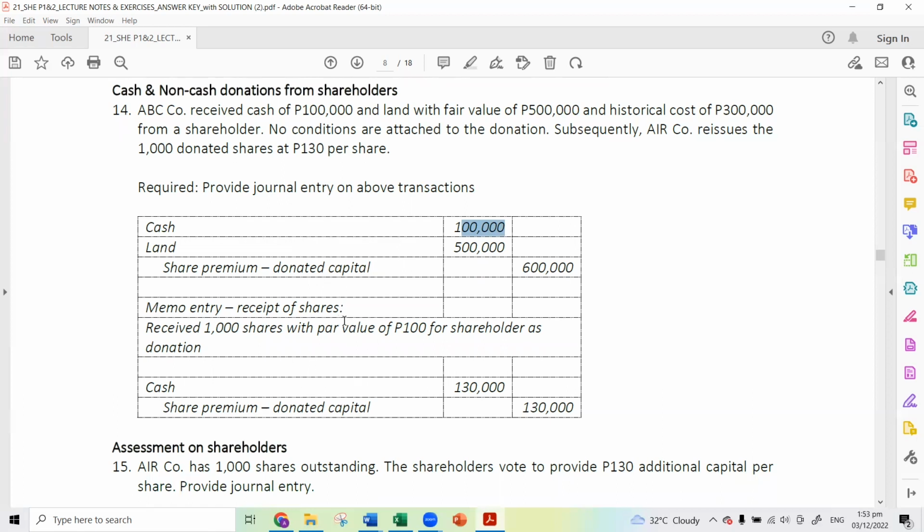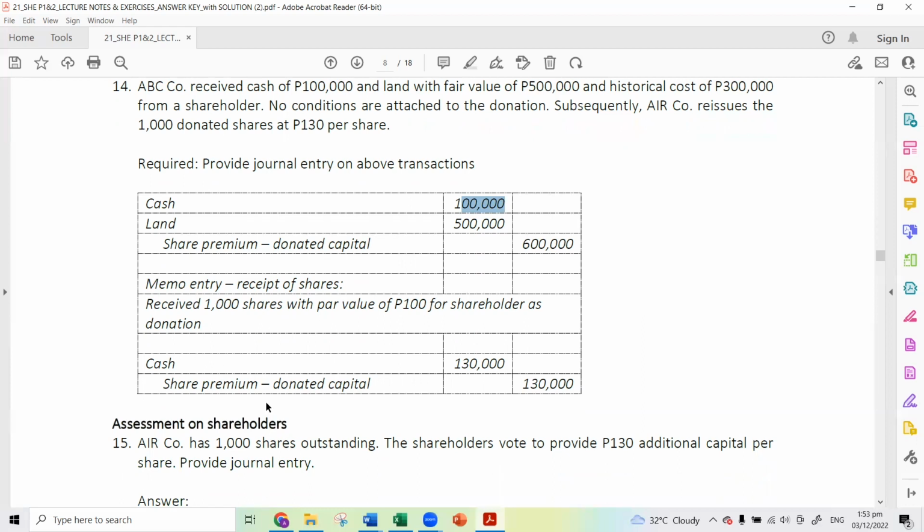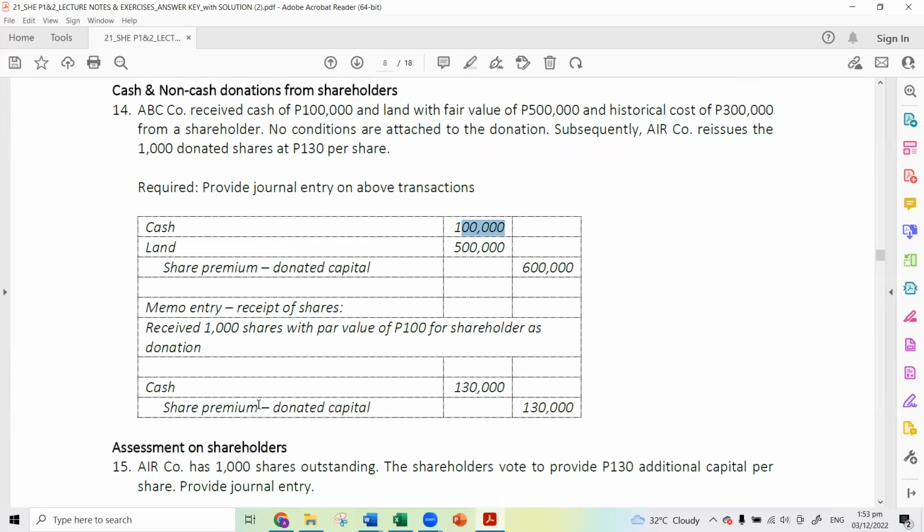Okay? So the donated capital is recognized only when the donated shares are subsequently reissued. Ito yan, subsequently reissued. Yan yung mga pinag-usapan natin. Cash, non-cash, equities own shares, and that equities own shares were subsequently reissued. Okay?